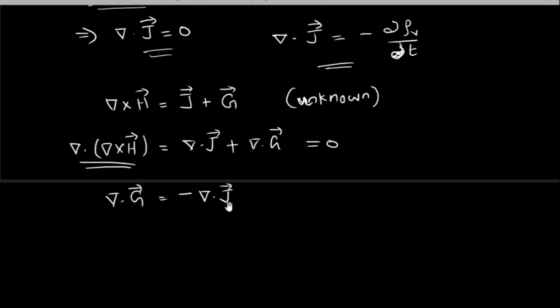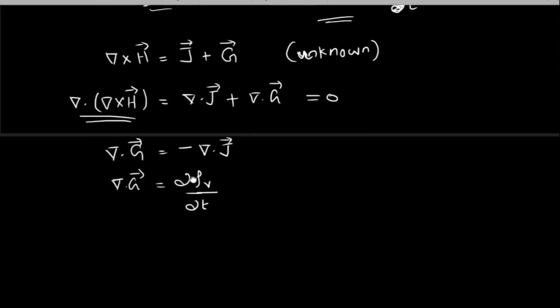So applying this here, the minus comes to the other side, and I have just the variation of rho v. So my del dot J is partial rho v by partial t.